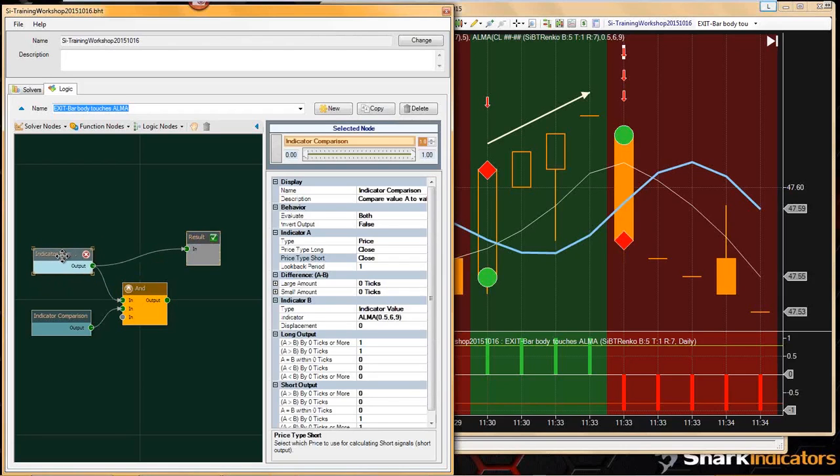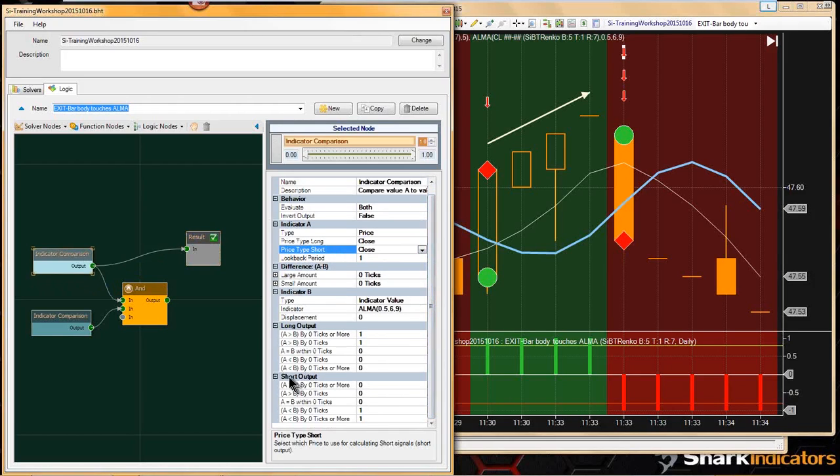So let's take a look at how this solver is set up. This is looking at the closing price, and for the short output, if the closing price is less than our indicator, so A is less than B. Indicator A is the closing price, and B is our moving average.